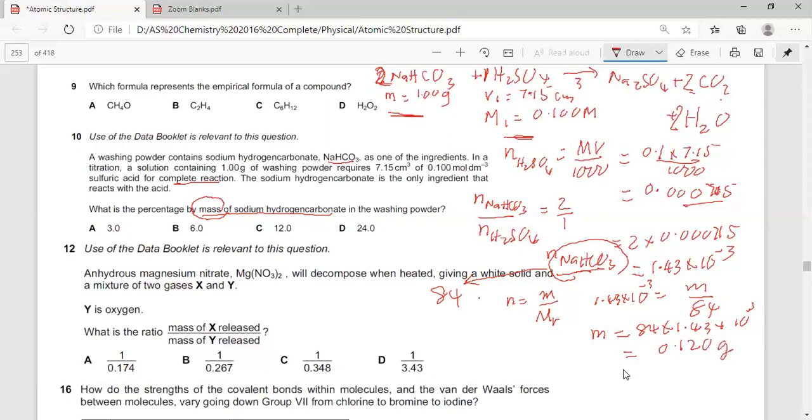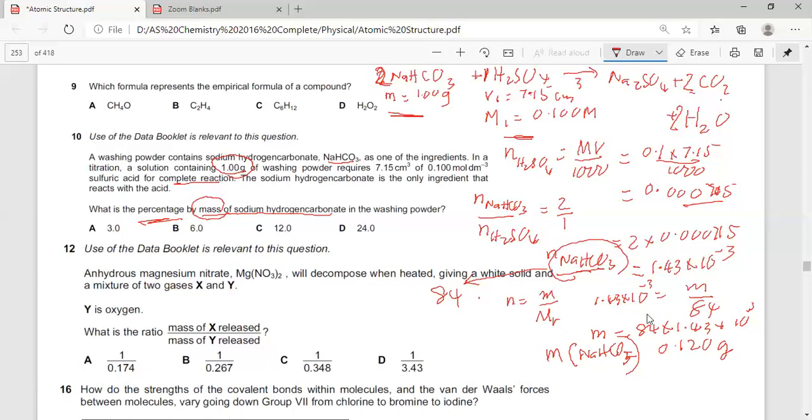Not finished, because you want to find the percentage. So what's the percentage of sodium hydrogen carbonate? This is the mass of pure sodium hydrogen carbonate. What's the original mass you use? 1 gram, isn't it? So 0.12 in 1 gram.